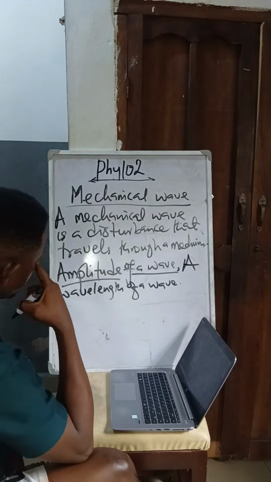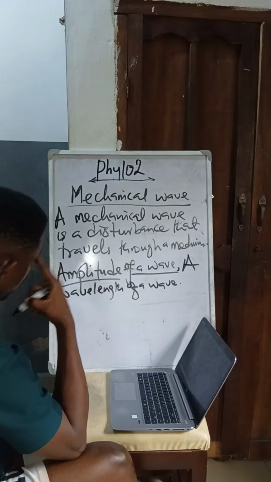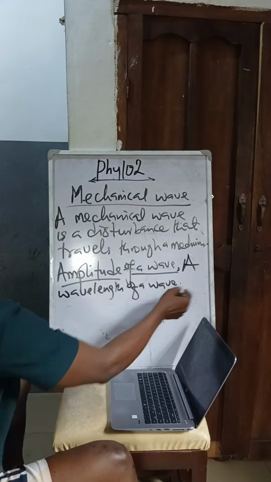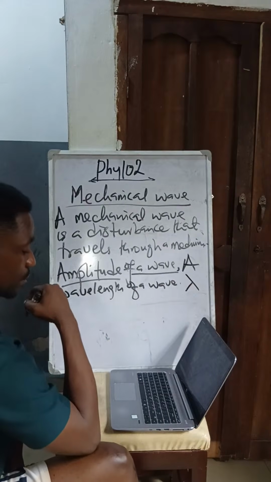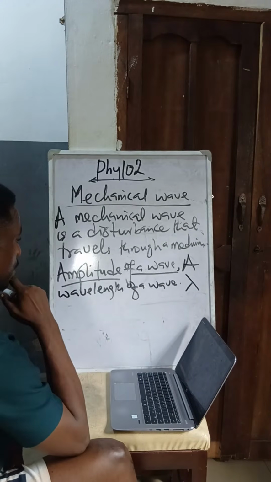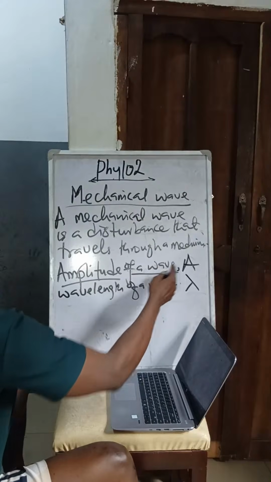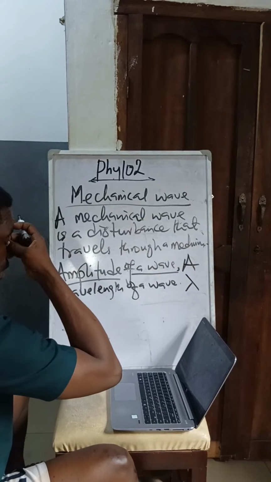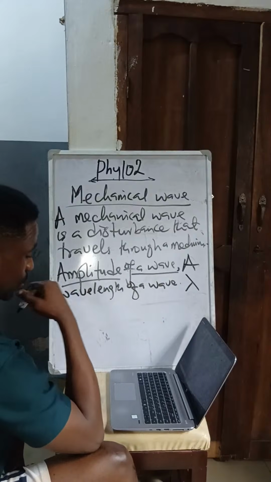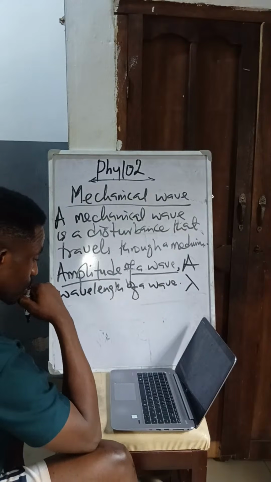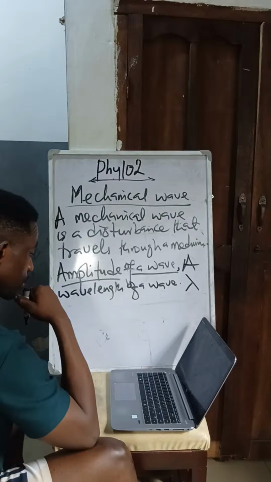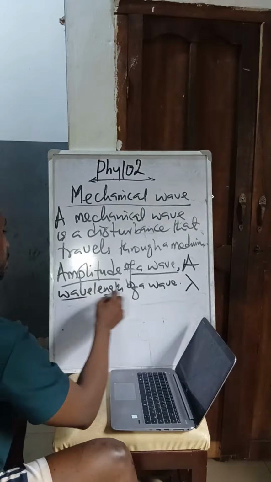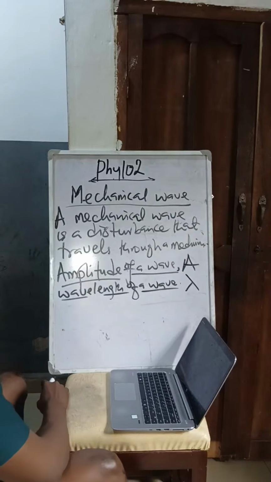So amplitude, the symbol is A. Wavelength, the symbol is lambda. Now, the unit of amplitude is meters, and wavelength too.